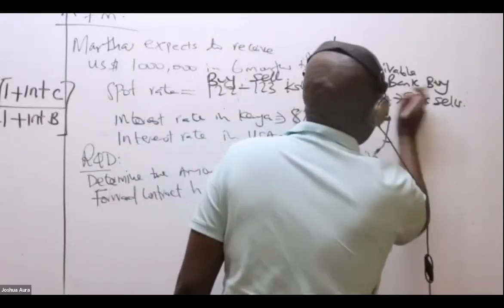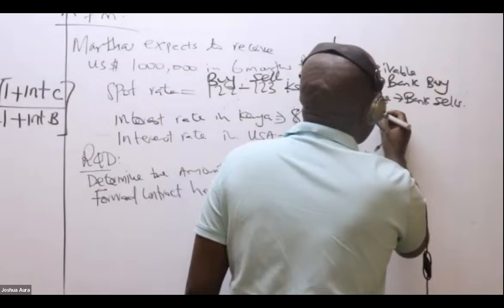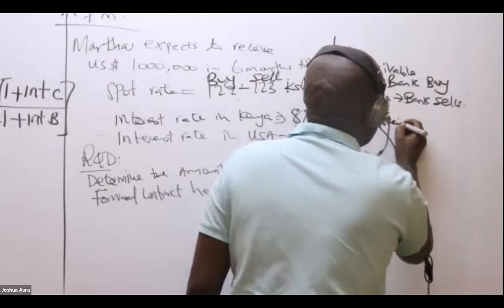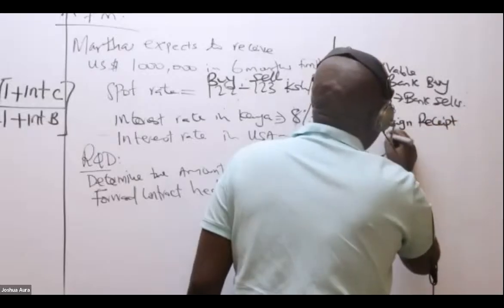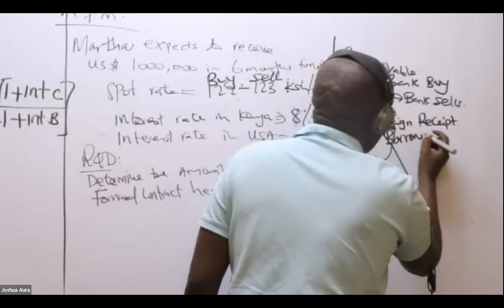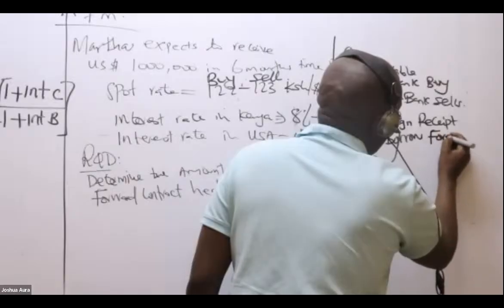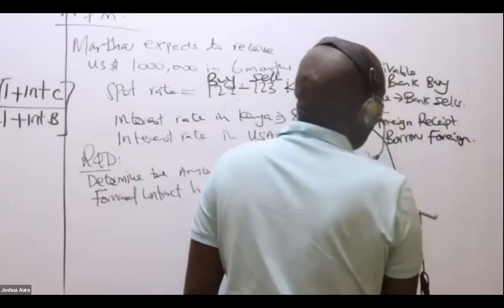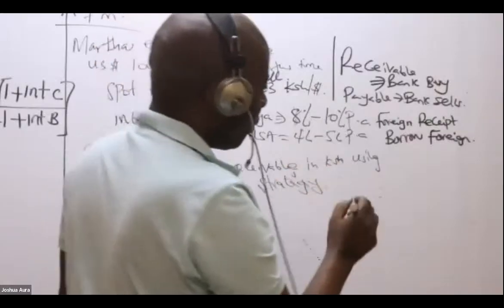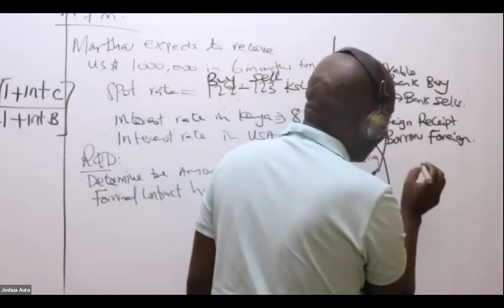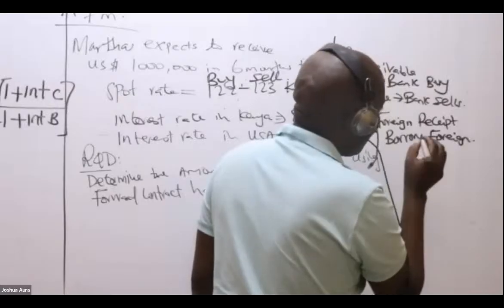No, when we talk of foreign boyfriend, we are looking at when it's a foreign receipt. When it is a foreign receipt, always borrow foreign. Whenever it is a foreign receipt, borrow foreign.